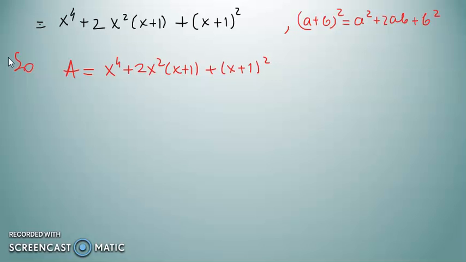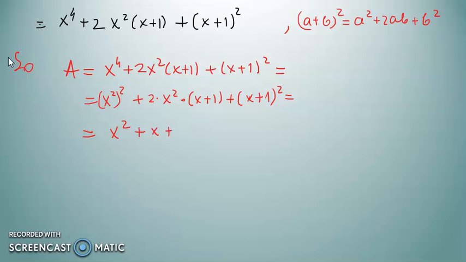Compare with this formula: this is x squared squared, plus 2 times x squared times x plus 1, plus x plus 1 squared. This is actually the same form, and it is equal to x squared plus x plus 1, all squared.